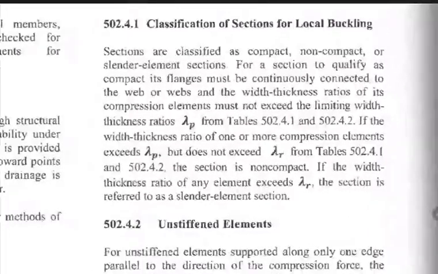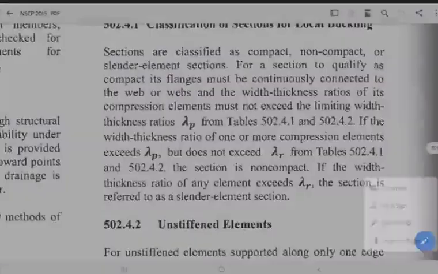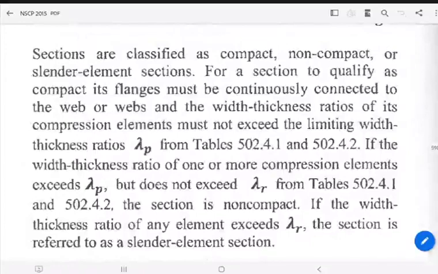Right. Paano ba sukatan ito? Okay, basahin na lang natin. Hindi ko siya masulatan. From tables 502.4.1 and 502.4.2. If the width to thickness ratio of one or more compression elements exceeds lambda p, but does not exceed lambda r, the section is non-compact.